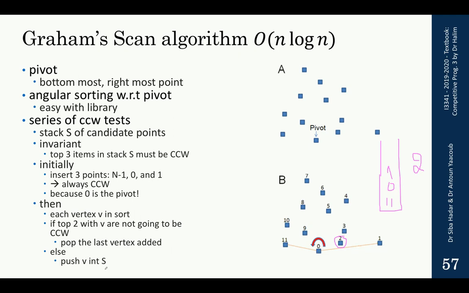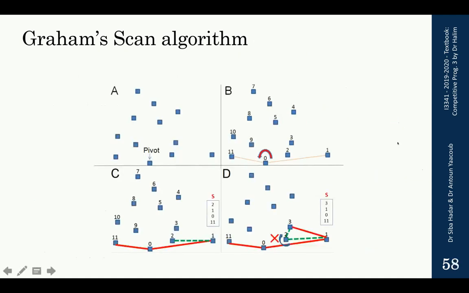Then we push it to S. If it is not going to be counterclockwise, then we pop the last vertex added. We remove 1 and we reconsider the last 2 elements with 2, so we consider 11, 0, 2. But in this case, in fact, 0, 1, 2 are going to be counterclockwise. That's why I will keep 1 and I will add 2.